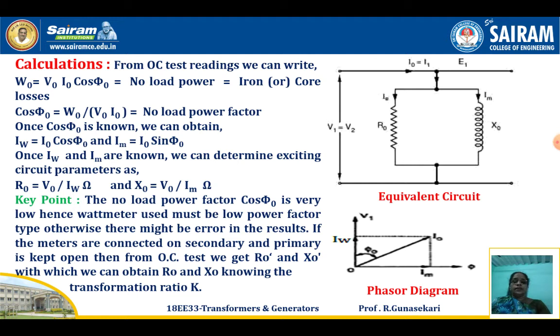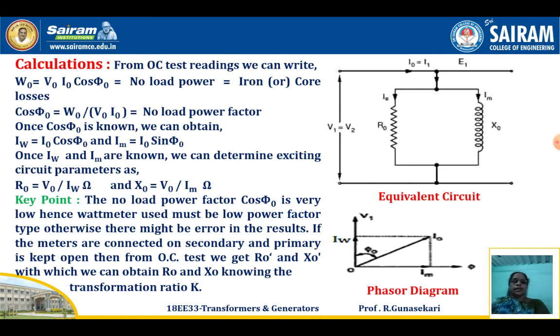If the meters are connected on the secondary side, instead of R0 and X0, we calculate R0 dash and X0 dash, which are calculated by using the transformation ratio K. But here I connected all the meters on the primary side only, that's why I calculated R0 and X0.